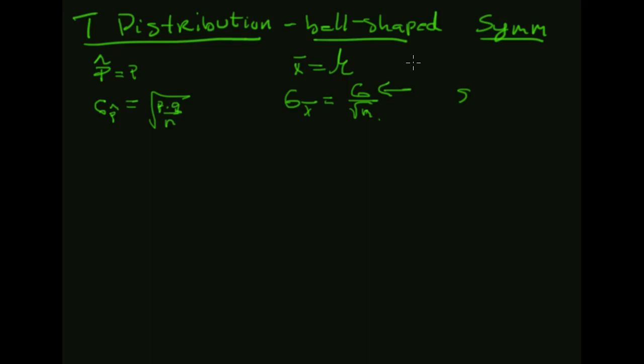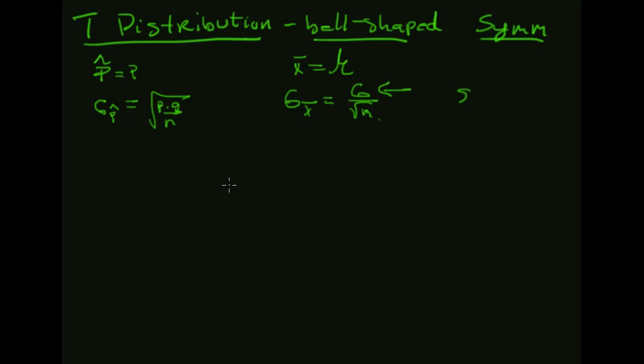So what we do is we ignore the normal distribution, and we use a very similar distribution that does not require us to actually know the population standard deviation.